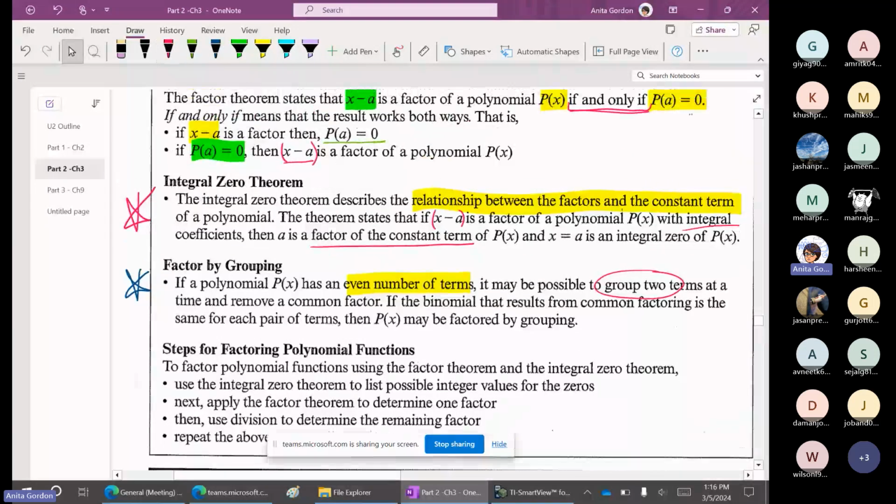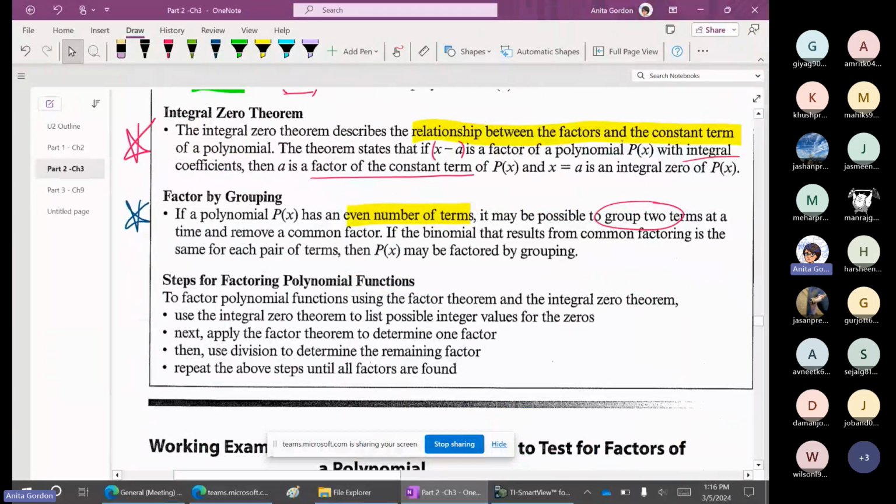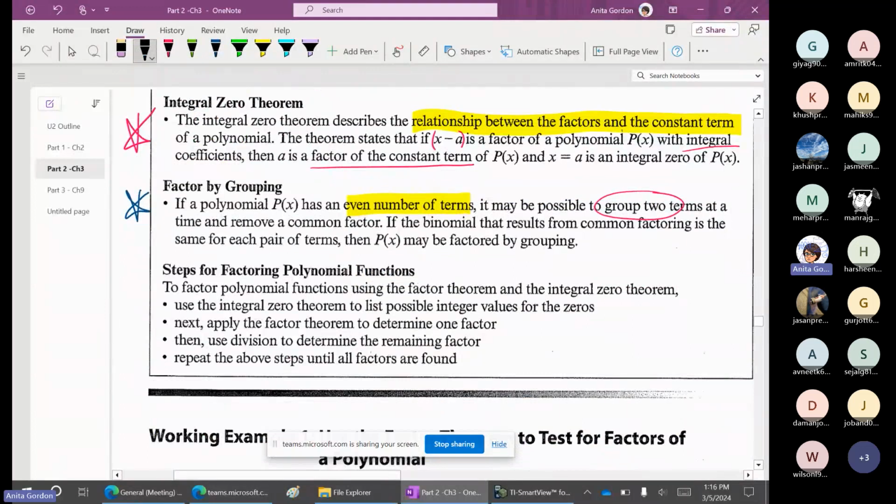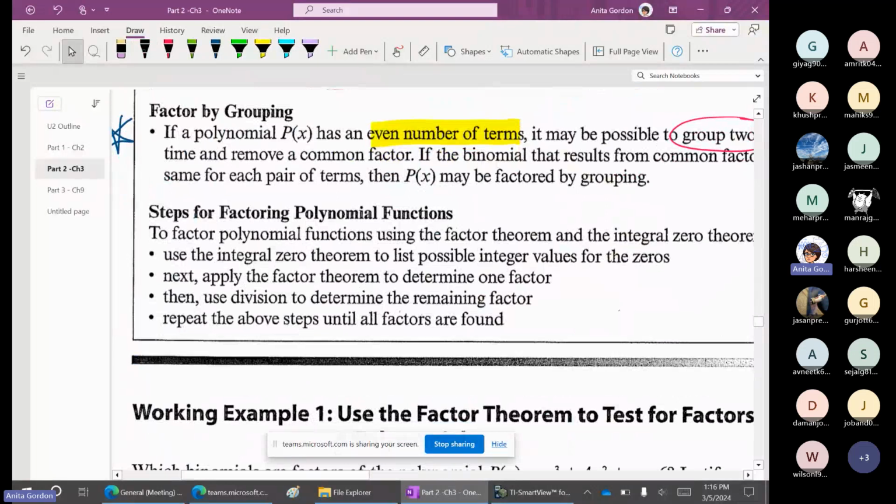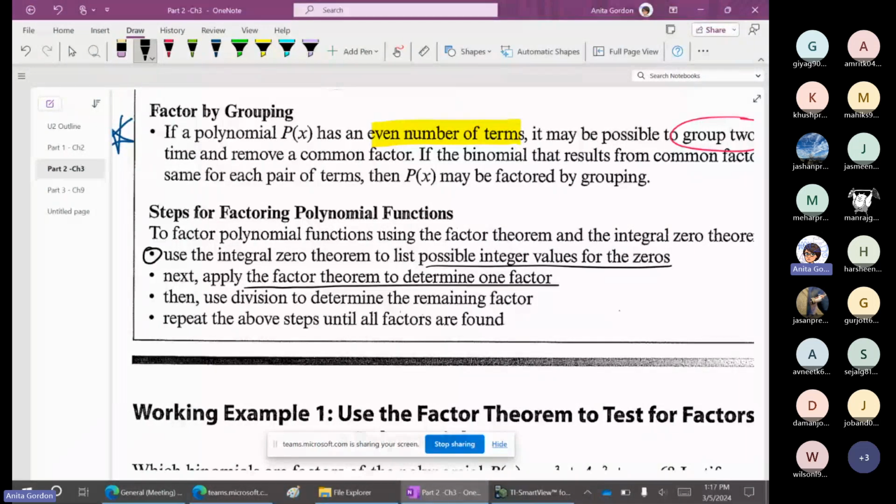So, in general, this is an overview of everything we're doing today. In order to factor a polynomial completely, we are going to use the integral zero theorem in order to find possible integers for the x-intercepts, or the zeros. We will apply the factor theorem to determine what the factor is.